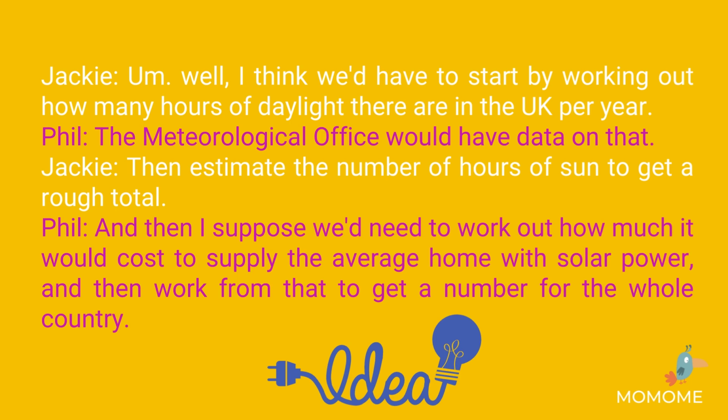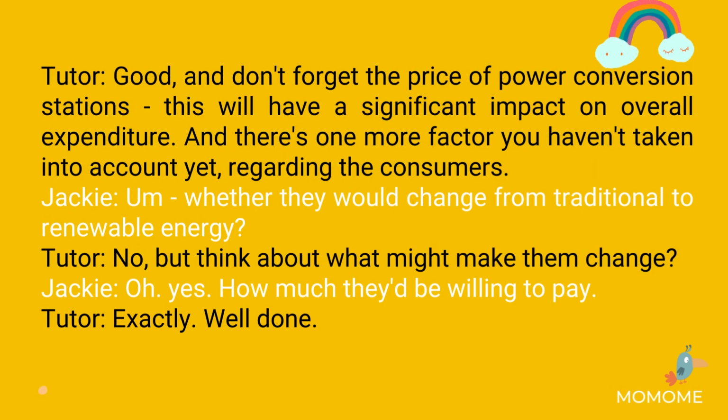Well, I think we'd have to start by working out how many hours of daylight there are in the UK per year. The Meteorological Office would have data on that. Then estimate the number of hours of sun to get a rough total. And then, I suppose, we'd need to work out how much it would cost to supply the average home with solar power, and then work from that to get a number for the whole country. Good.